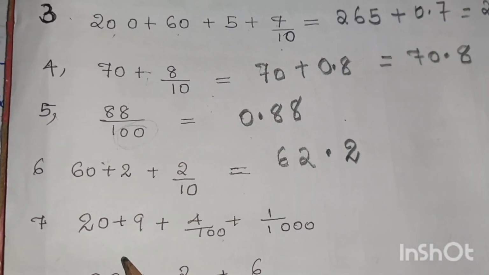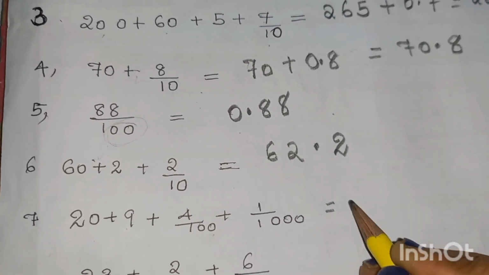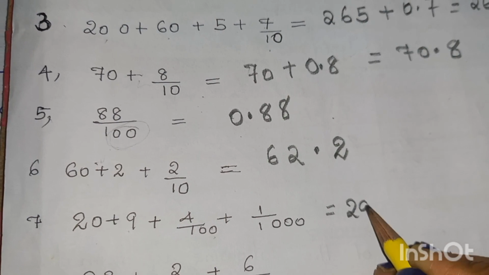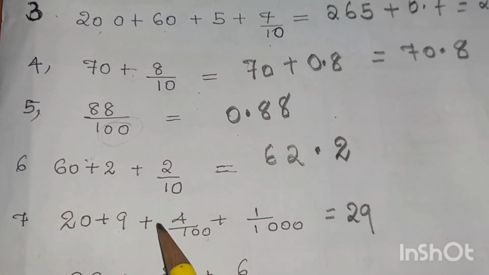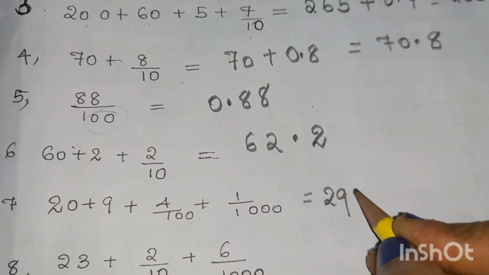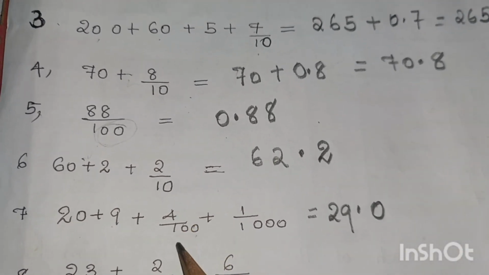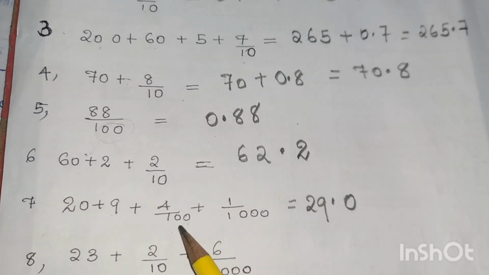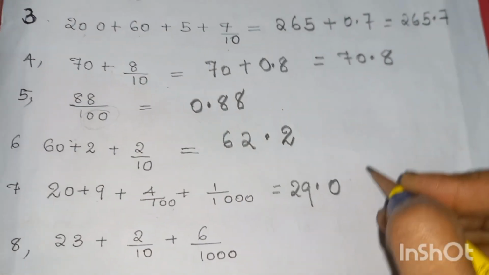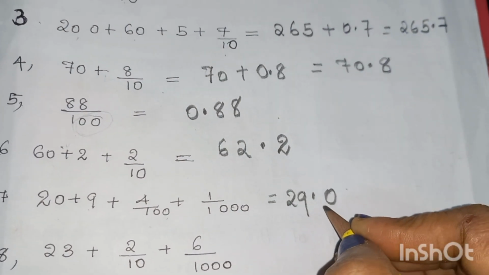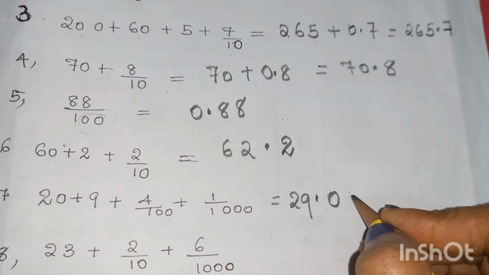Then next one, 20 plus 9, 29. So here we can't see any 10th place. Okay. So in that place you have to put a 0. Then 4 by 100, right? So 4 by 100, how can we write? See, in the tens place nothing is there.